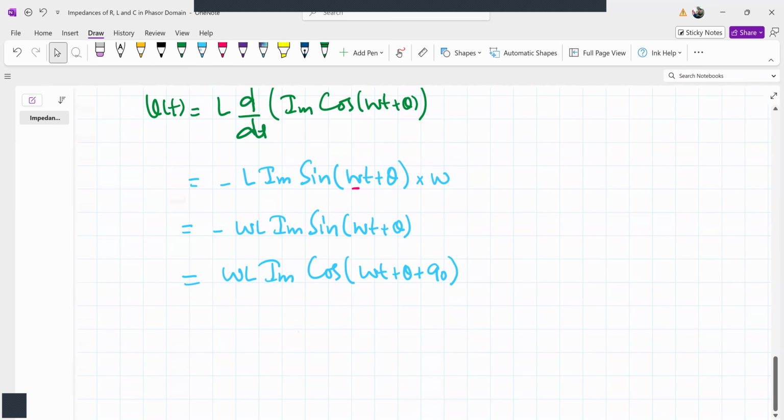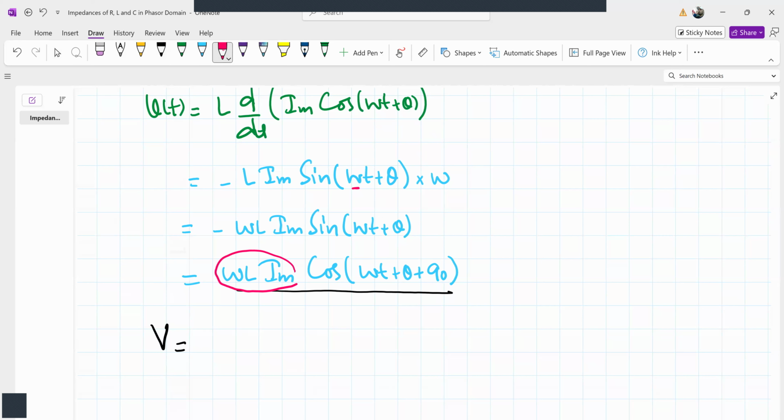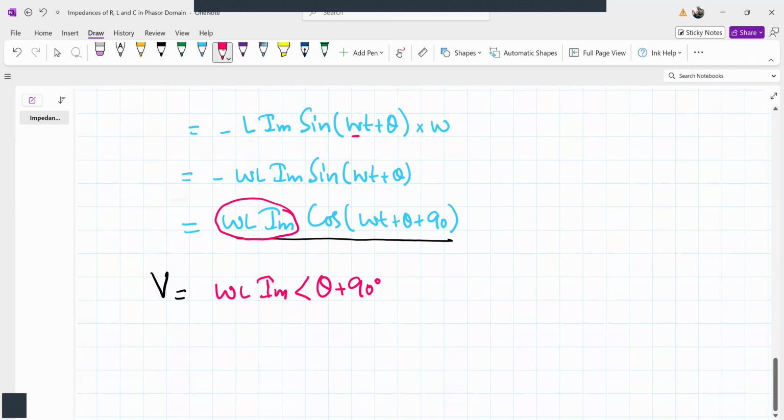Now, if I write the V phasor for this equation, V phasor will be simply equal to the amplitude, which is the amplitude of this cosine wave. That is omega L times Im at an angle of theta plus 90 degrees.